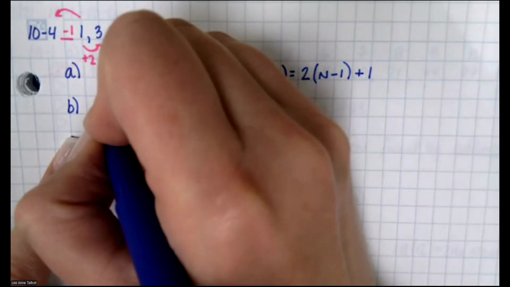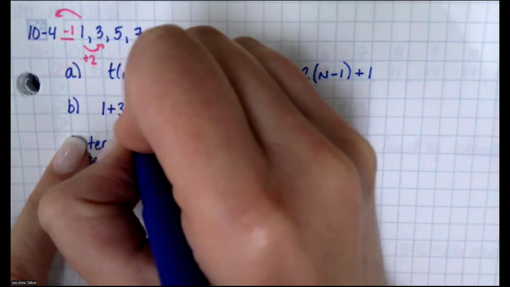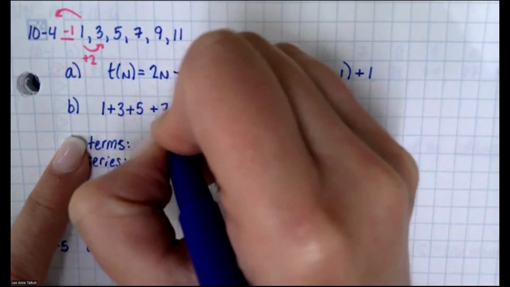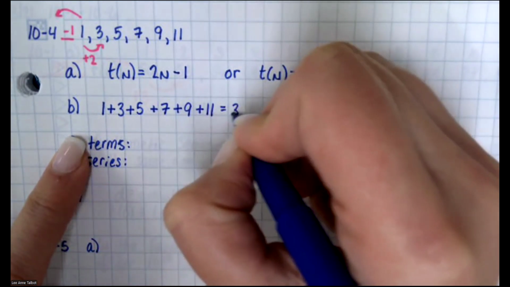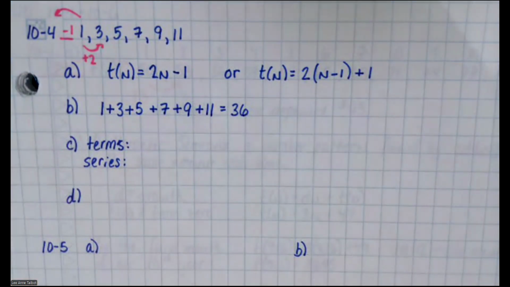Okay, now 1 plus 3 plus 5 plus 7 plus 9 plus 11 is 36. Okay, really quickly, this is the perfect time for me to go over the difference between two vocabulary words that sound the same but are completely different.